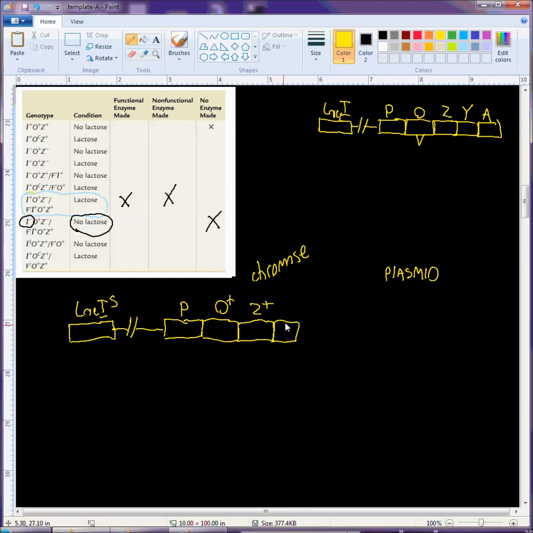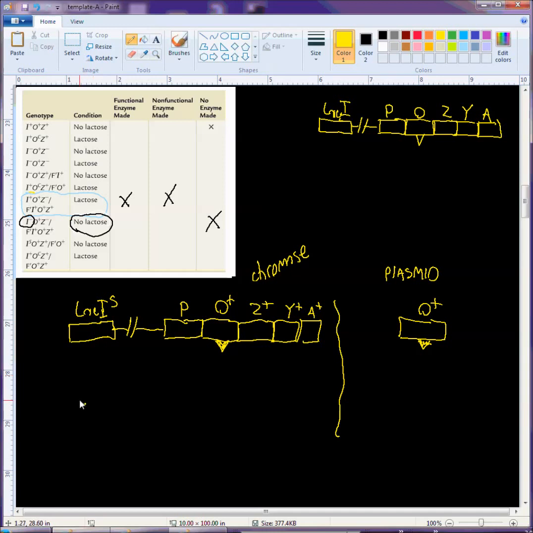And I can put Y in here, and A. Now on the plasmid, we have just a copy of the operator. So on both the chromosome and the plasmid, the operator is normal. And the only funny thing we're looking at here is the super suppressor mutant of lac-I.